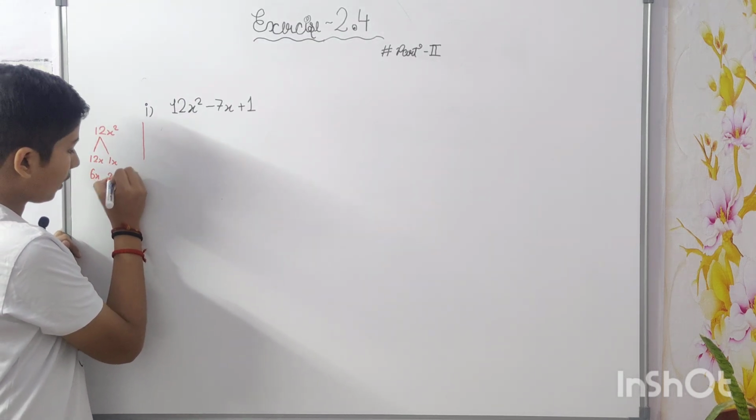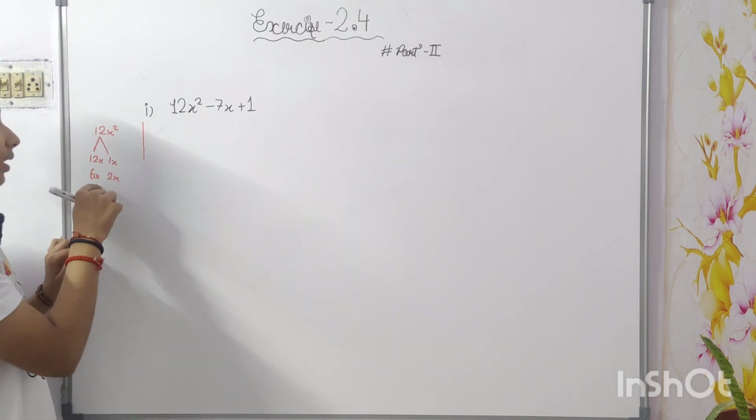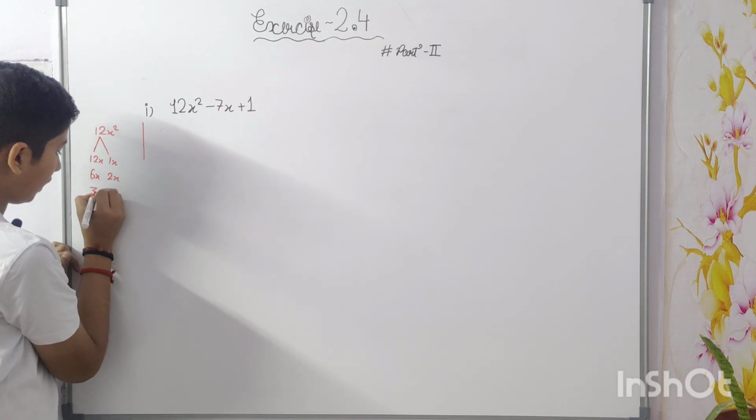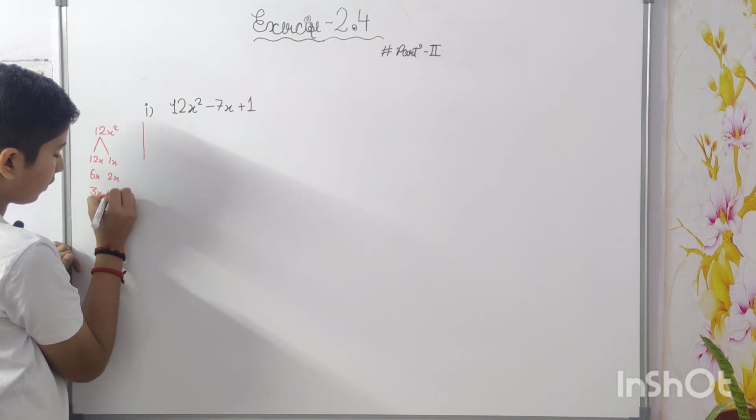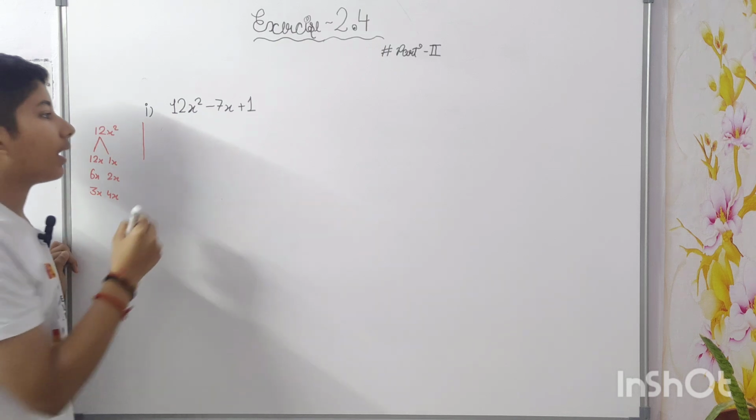6x and 2x, again not correct, because 6 into 2 is 12, but 6 plus 2 is 8, not 7. Now 3x and 4x. Yes, this option is correct.